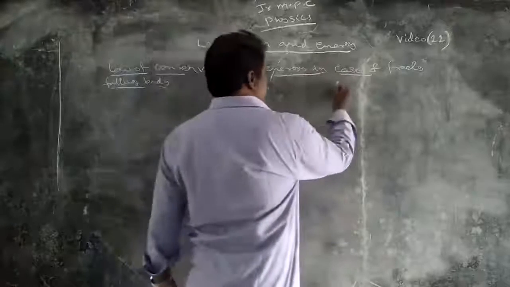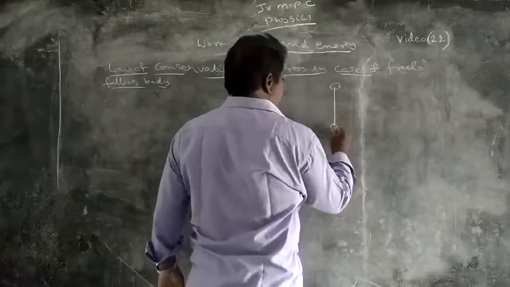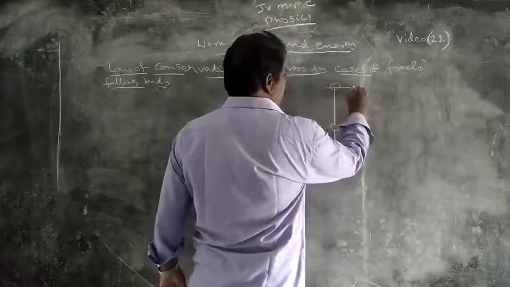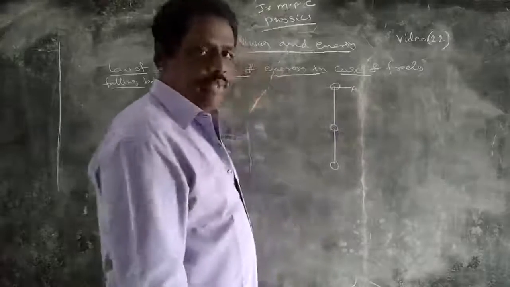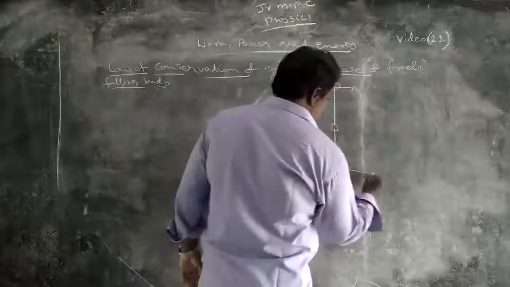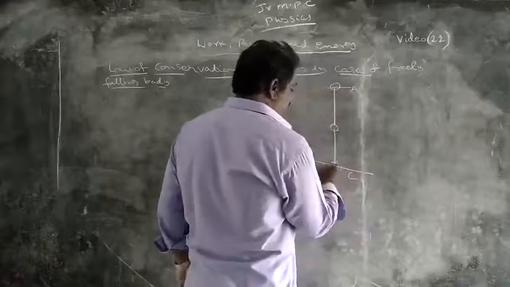Consider a body that falls freely from point A to point C, which is the ground.